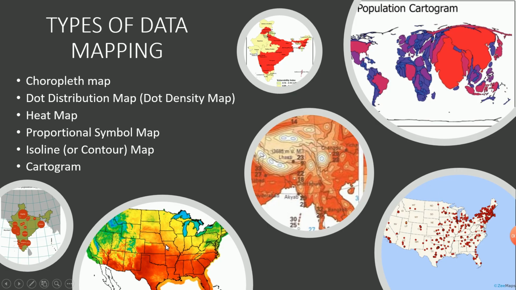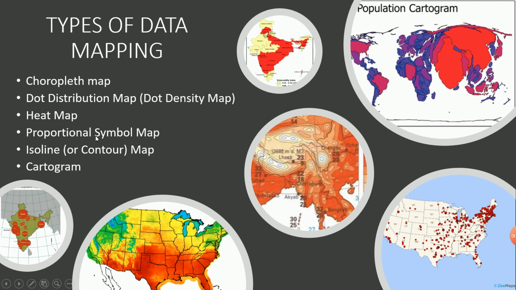Next is heat map. You might have seen the weather report map, no? The redder it is, the more dangerous, bluer is nearer, greener is safe. From green to blue, yellow, and then it reaches red. This is mainly used in weather forecasts, that is heat map.